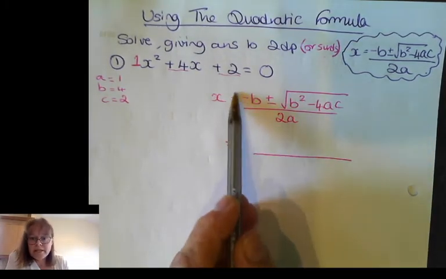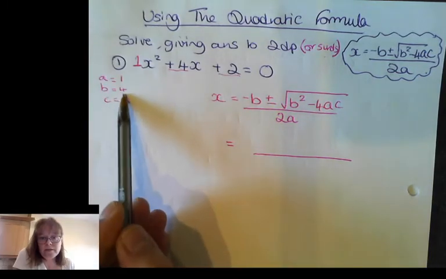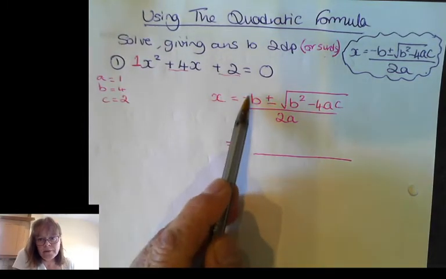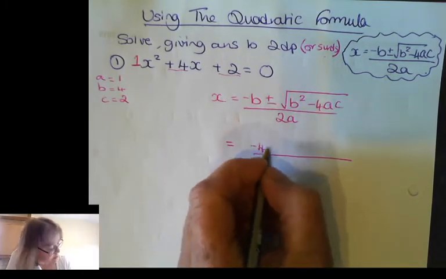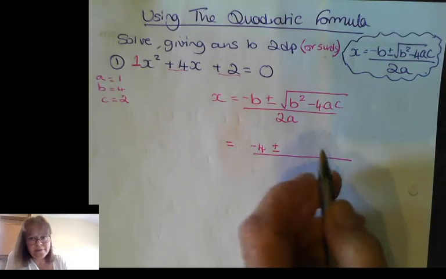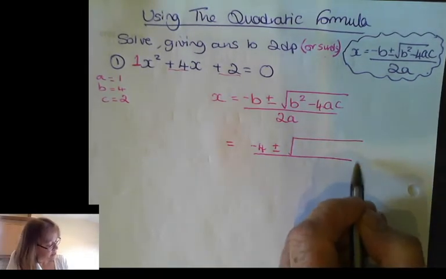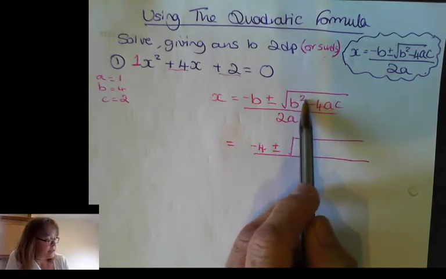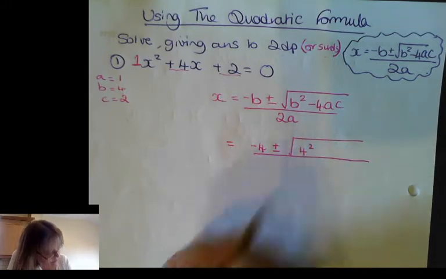Well, firstly, it says negative b, minus b. So I look at my b value over here, that's 4, and so minus 4 is what I write there. Then there's this crazy plus minus thing, which we'll deal with later. We'll worry about that in a second. And then there's this huge big square root, and inside that square root it says b squared. Well, remember b was 4, so I'm going to write 4 squared.